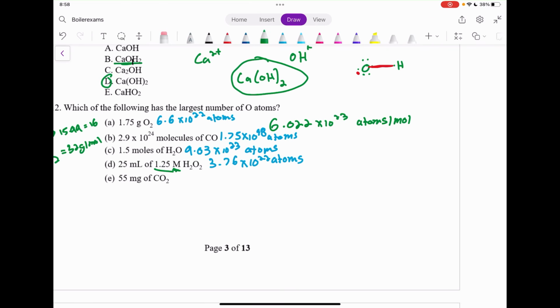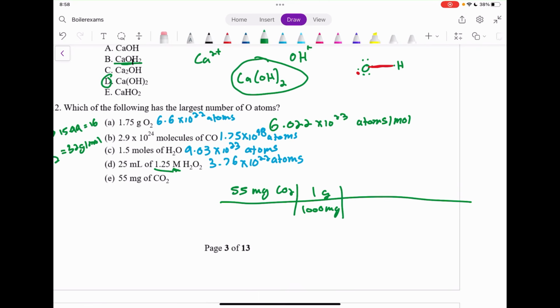Okay, we have 55 milligrams of CO2. Let's first make milligrams into grams because we're going to need the molecular weight, which is always in grams. 1,000 milligrams are in 1 gram.